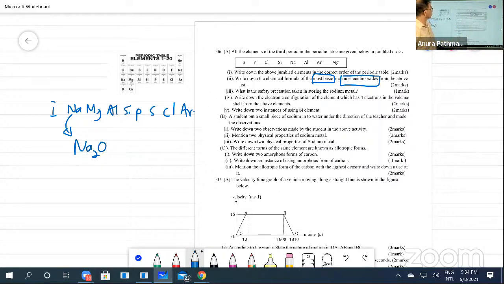You want to write one? Chemical formula of the most basic and most acidic oxides. I don't know whether you have learned the acidic oxide of chlorine.